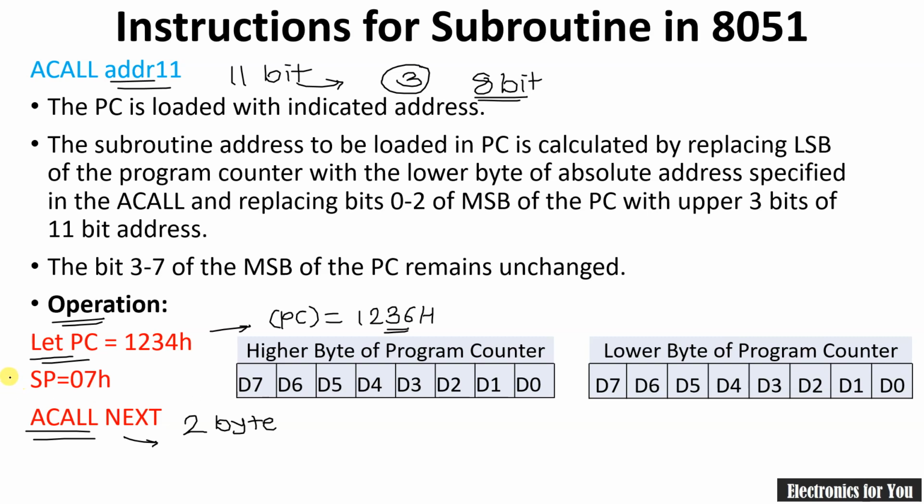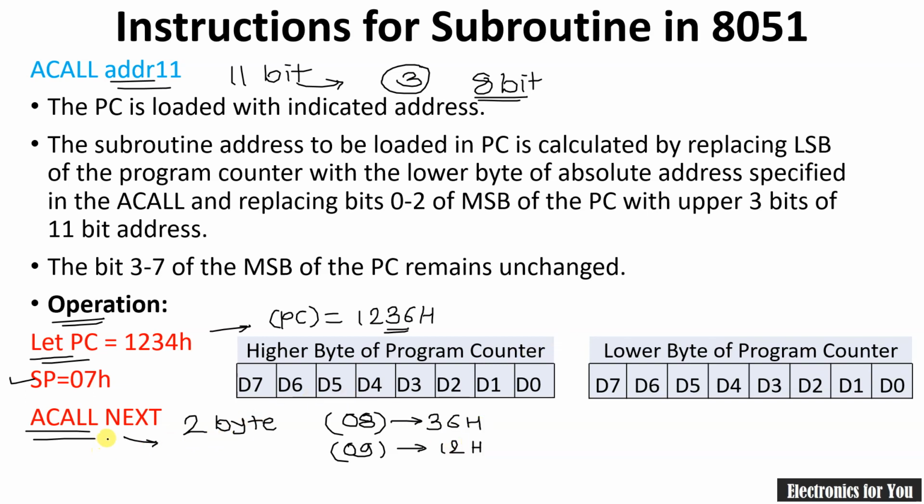Now if the stack pointer is initialized with 07h, it will be incremented to 08h, as I have already explained in my LCALL instruction. So here this 36 is stored, and at 09 the higher byte is stored, that is the 12h.